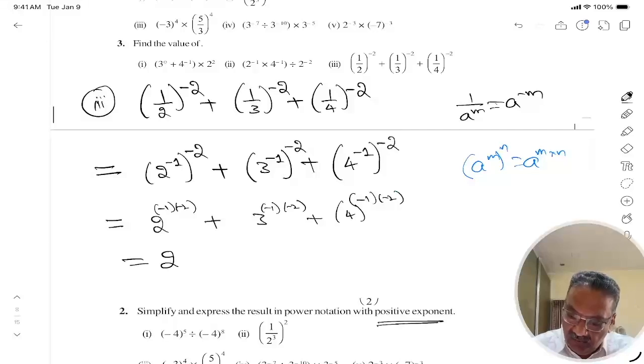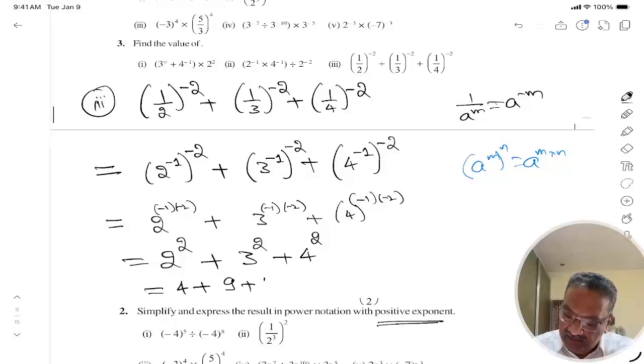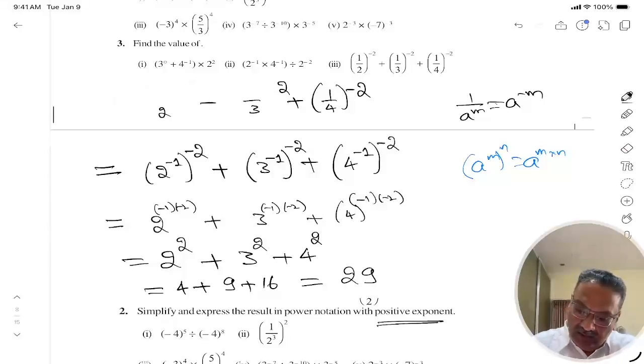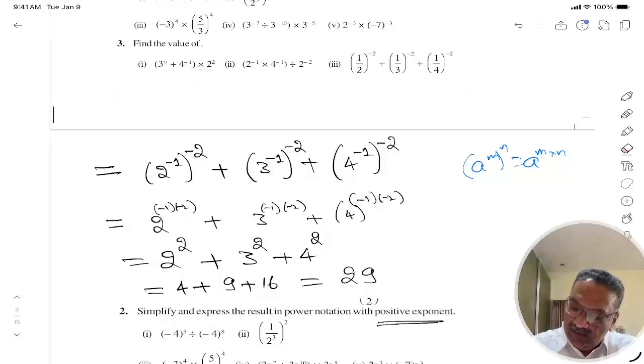This is equal to 2 to the power of 2, minus 1 into minus 2 is minus 2... plus similarly 3 to the power of 2 plus 4 to the power of 2. This is equal to 4 plus 9 plus 16, which is equal to 29. Okay. Slowly, step by step, if you do, they are all very easy questions.